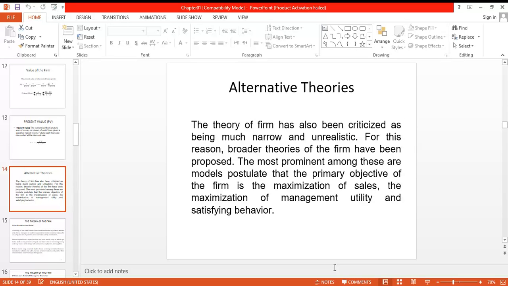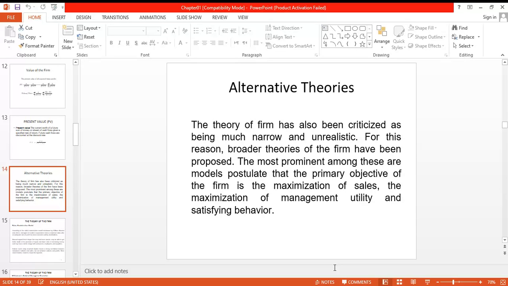The goal was not to maximize profit, but to maximize sales and to get a market share through which it could increase its revenues in the future and get long-term profitability. That is exactly what the firm did, and it became one of the largest, in fact, the most profitable firm in the world.